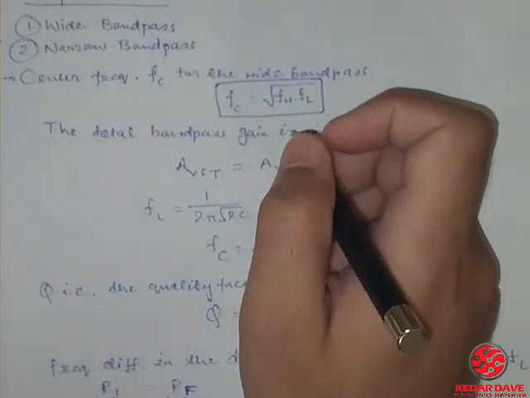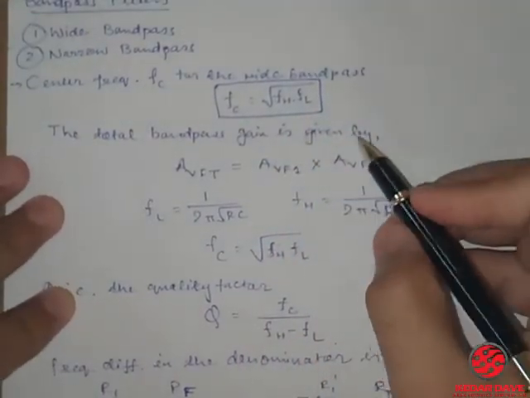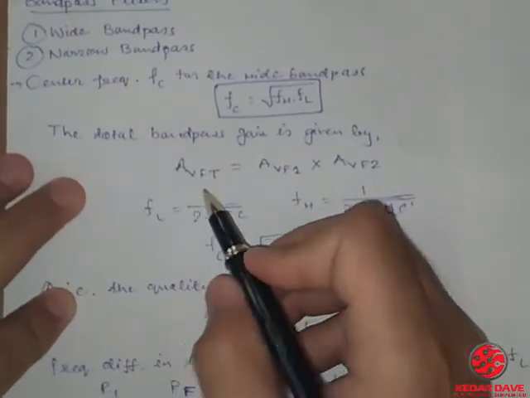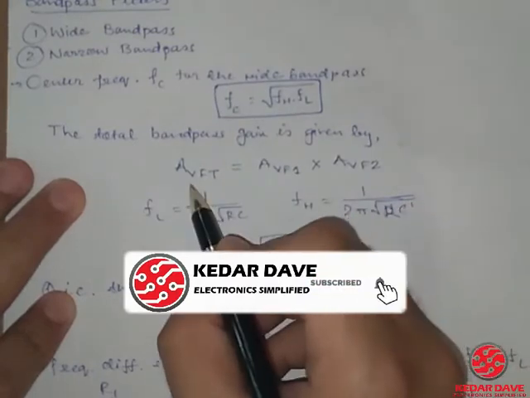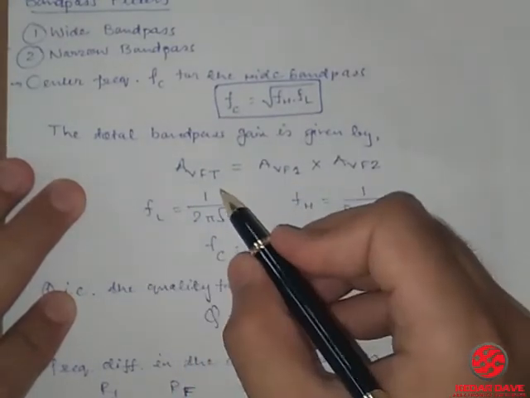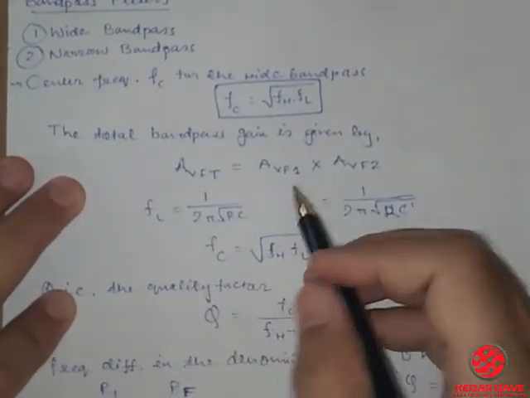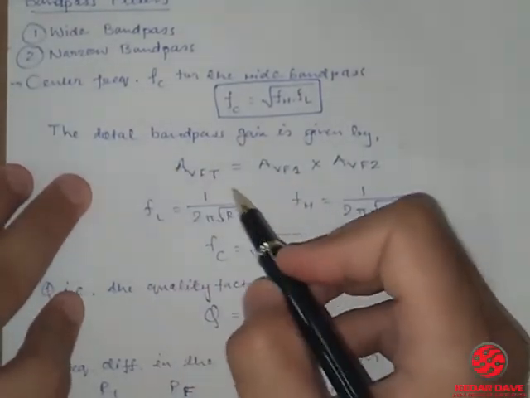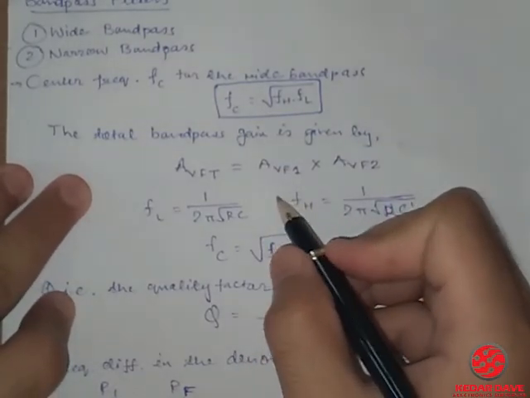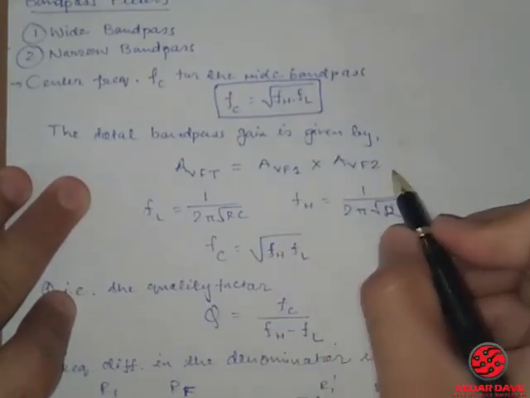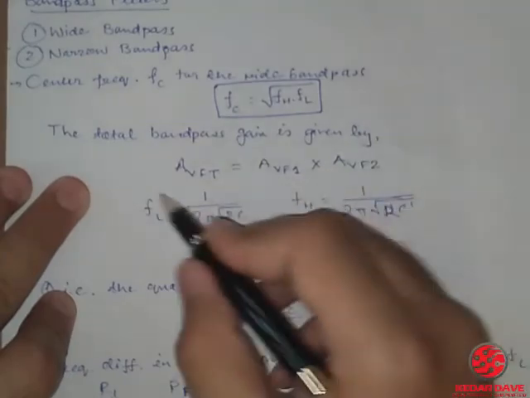From this equation, if we take two different band passes, then it shows that the total band pass gain is given by this equation, that is our AVFT, the actual output of this particular band pass filter, right? So in this condition, AVF1 into AVF2, so both will have different frequency ranges.